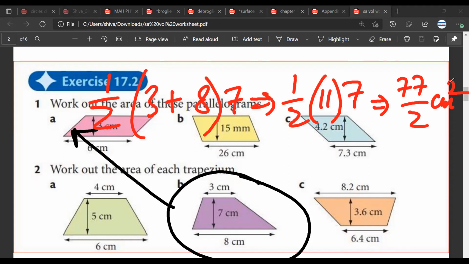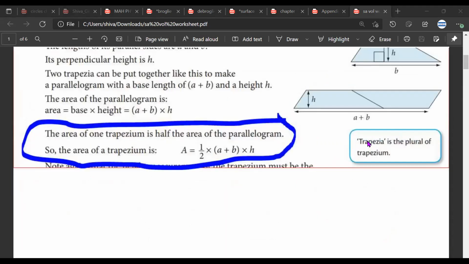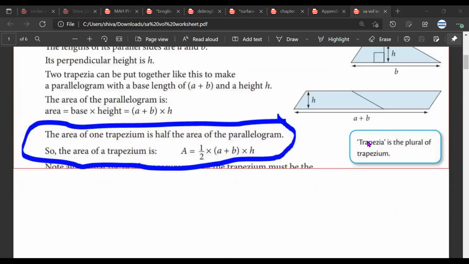Sir, we have to multiply 8 into 3 or we have to add it? Sir, we have to add. Oh, okay, sir. Is there any doubt? No, sir. Are we comfortable till here? Yes, sir.